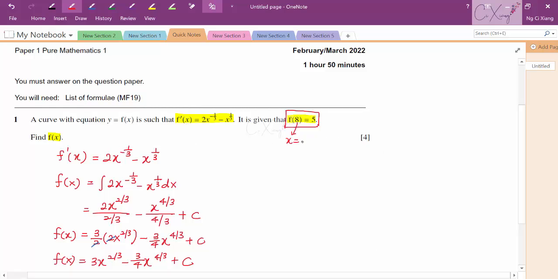Therefore, x equals 8, and the 5 here will be the value of the function. So I'm going to apply it in our answer here, where I have 5 equals, and I substitute the 8 into the x.